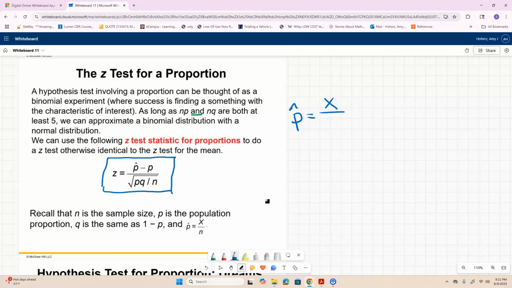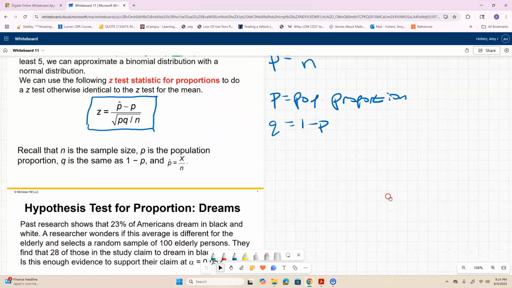So if you were looking at how many people said yes on a survey, it'd be how many people said yes out of the total people that you surveyed. And that's how you get your p hat. And then q hat would be 1 minus that, but we don't use q hat in this formula, so we don't really need to worry about that. And then remember, p is the population proportion, and they're going to have to give us that. And then q is going to be 1 minus p.